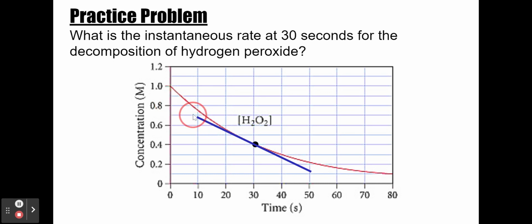Another thing you can do is draw the tangent line all the way to the x and y axis and see where it crosses over, and you could have the legs of your triangle be the axes themselves. So you could draw your tangent line until it hits the axes, and then you could use that triangle.